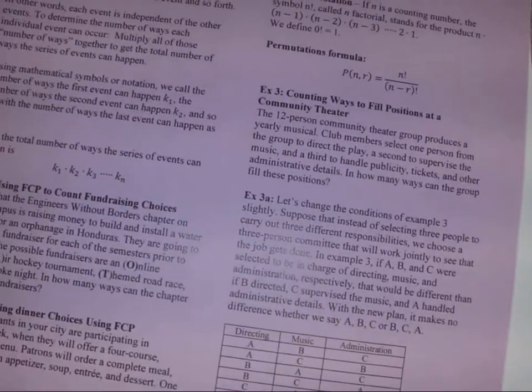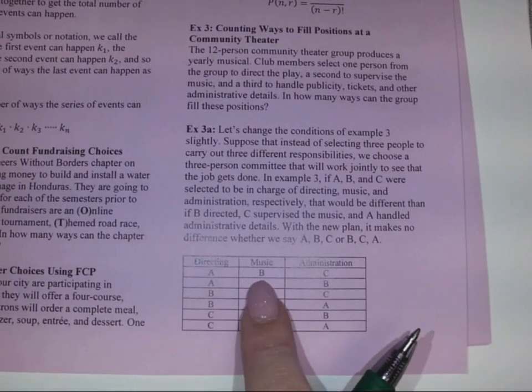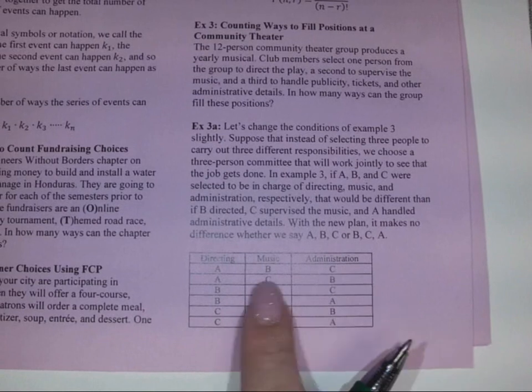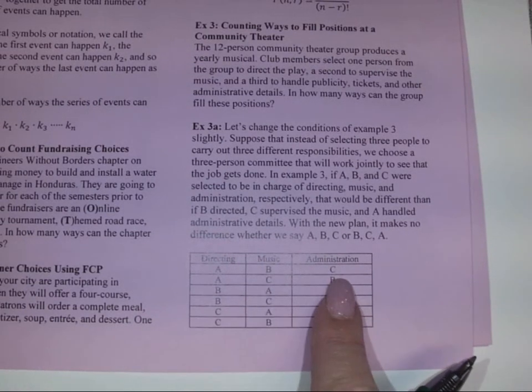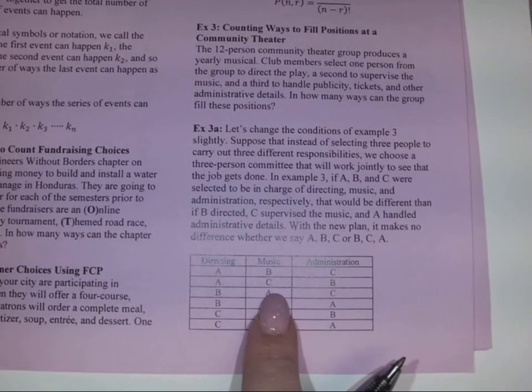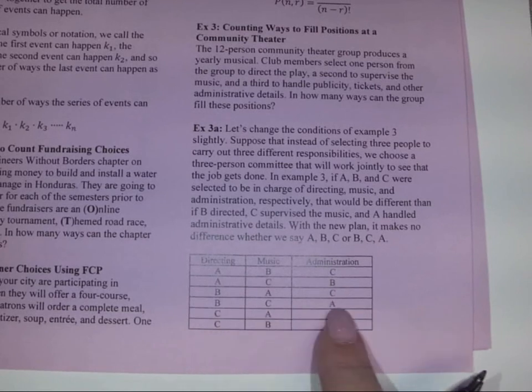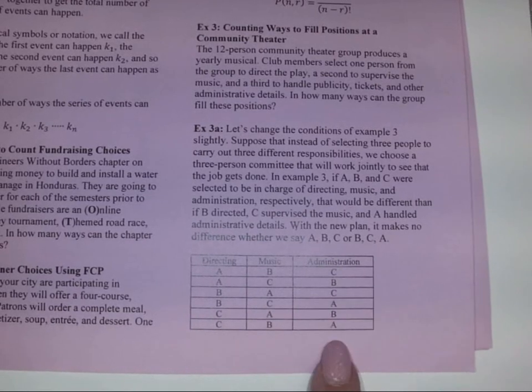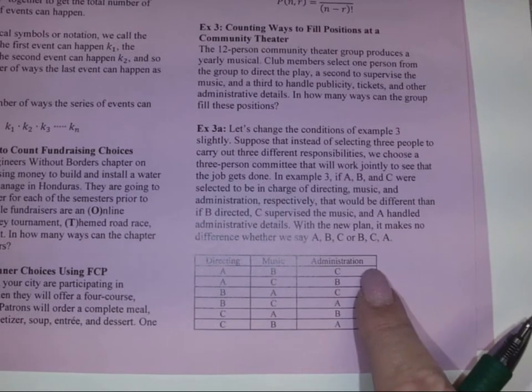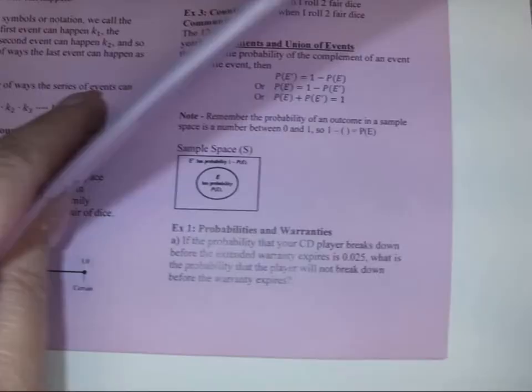So here would be the choices: directing, music, administration, and then we could switch these two, and then switch those, and switch all of them around, and we can see that we end up with several different ways this is happening.